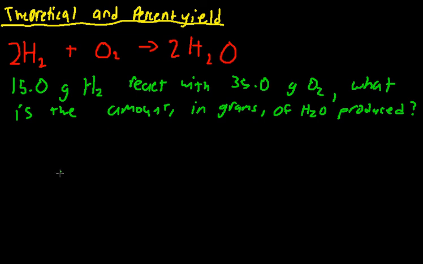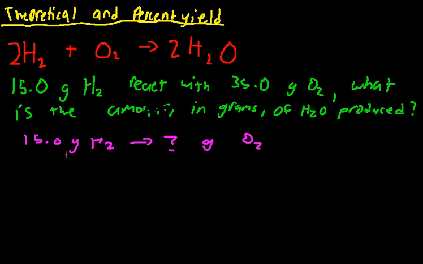So first we have to find the limiting reactant. So we have to take grams of hydrogen and convert it essentially to grams of oxygen. So let's start by doing that here. So we're going to convert 15.0 grams of hydrogen to grams of oxygen.